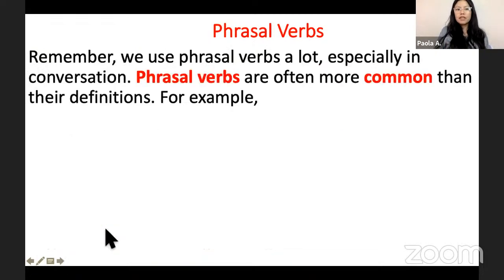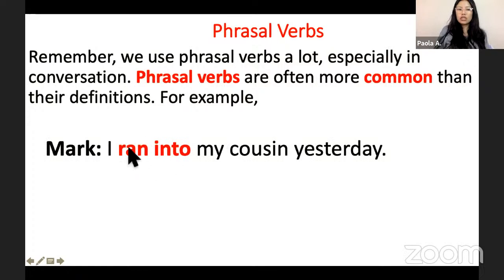All right. And finally, remember we use phrasal verbs a lot, especially in conversations, so they're very informal. And obviously, it's more common to use phrasal verbs than phrases that explain the action itself, because it's too long.